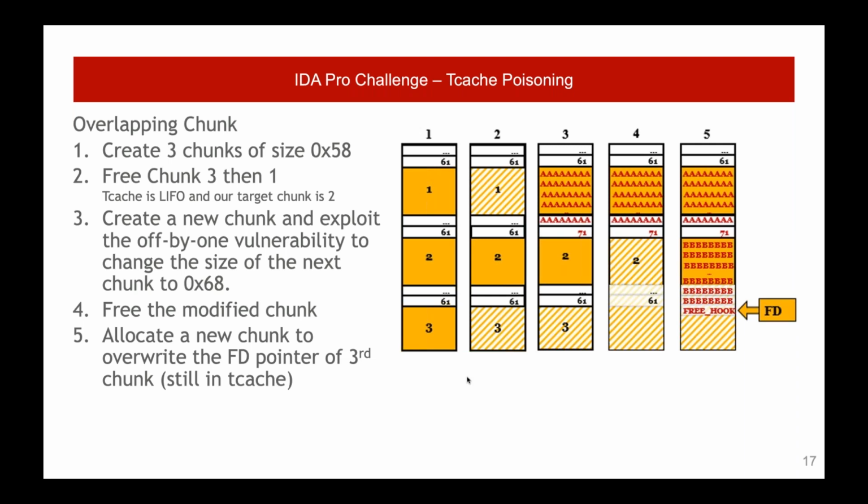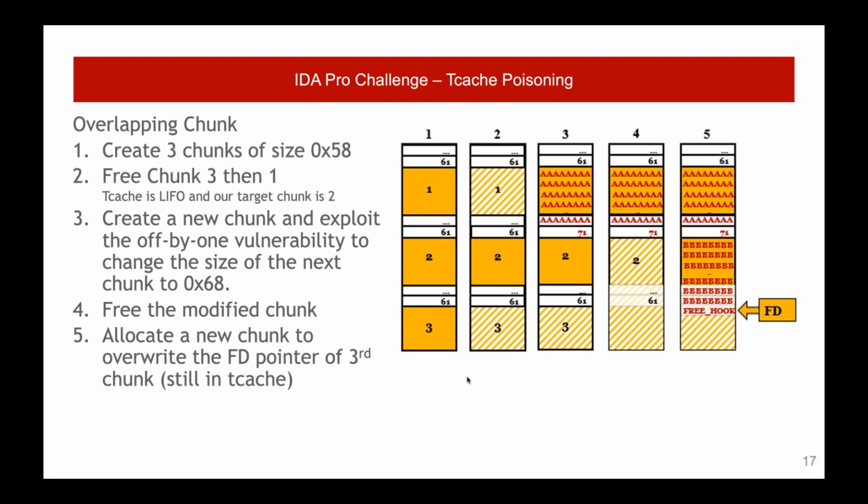Then we free chunks 3 and 1. The 1 is the last chunk we're going to free because tcache is last in, first out. And what we want to do is to abuse this first chunk in order to write one more byte than we should. And we're going to show how it works in a few minutes. And once we do that, if we free the second chunk it will now have a larger size.